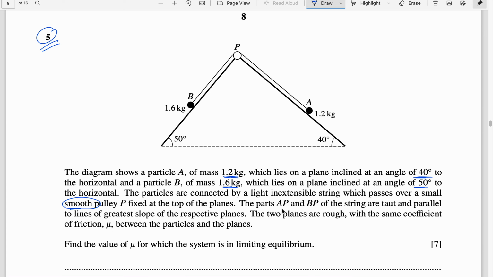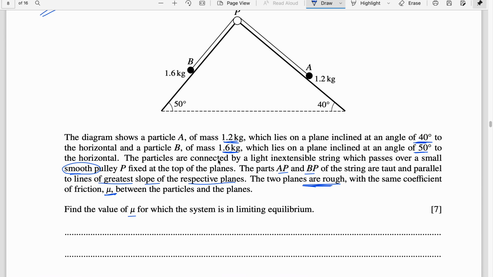The parts AP and BP of the string are taut and parallel to lines of greatest slope of the respective planes. The two planes are rough with the same coefficient of friction between the particles and the planes. Find the value of mu for which the system is in limiting equilibrium.